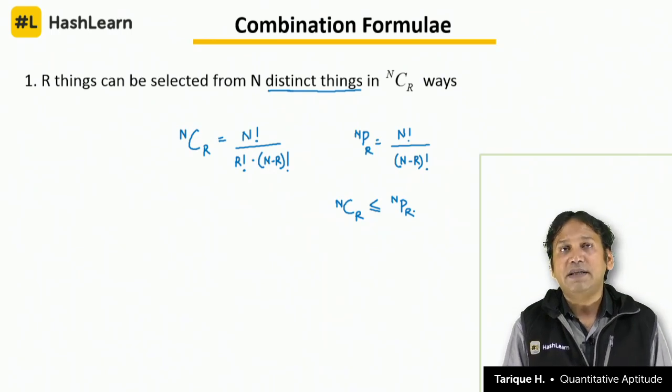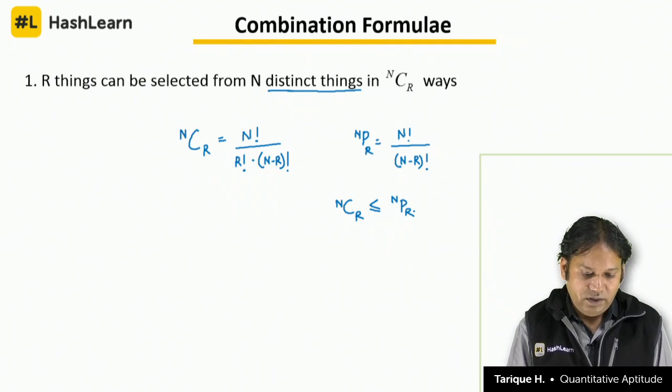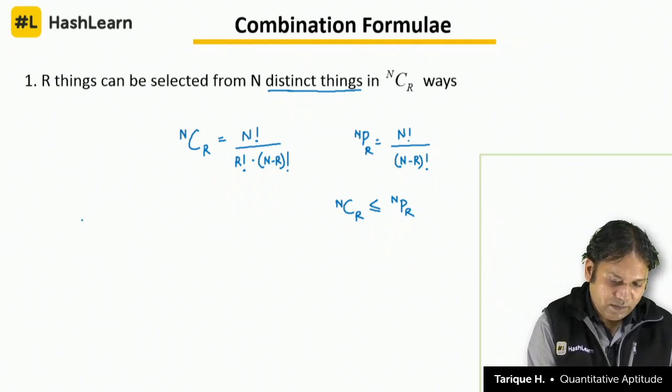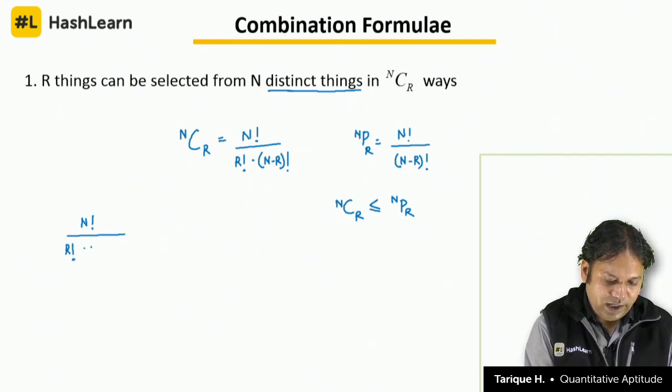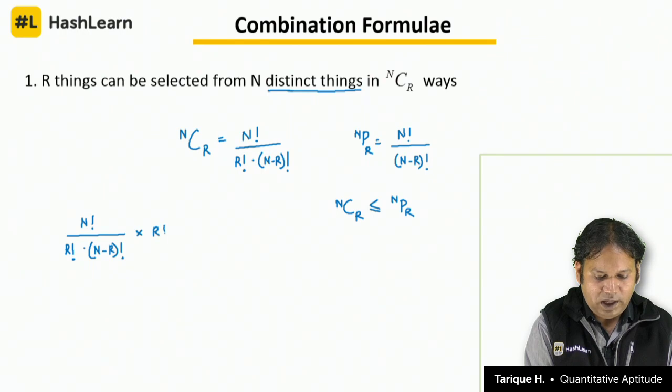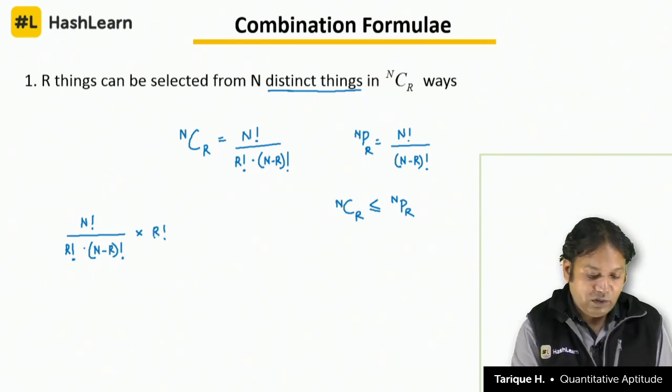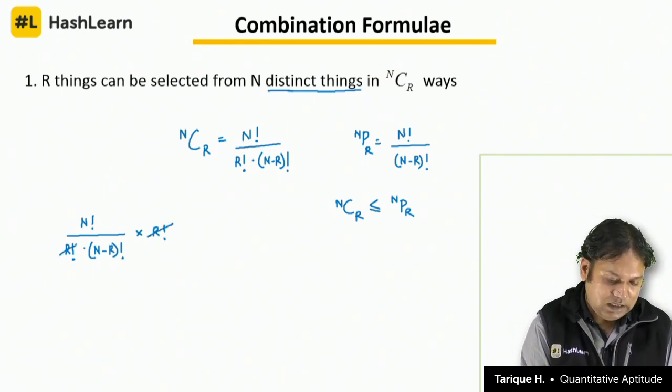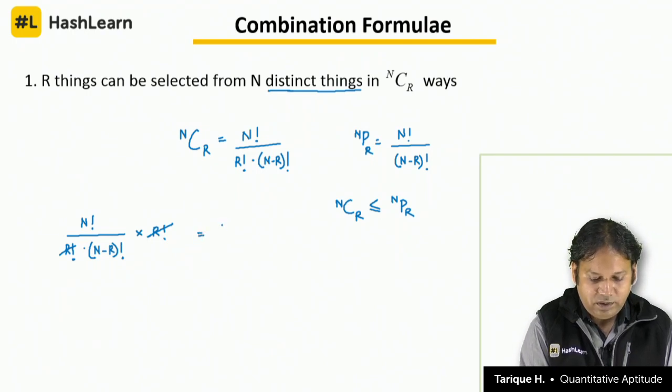Now what other ways are there in which NCR and NPR can be linked? You see, if you take NCR, n factorial by R factorial into n minus R factorial, and if you multiply it with R factorial, what will happen? The R factorial part will get cancelled, and that will become equal to n factorial by n minus R factorial.